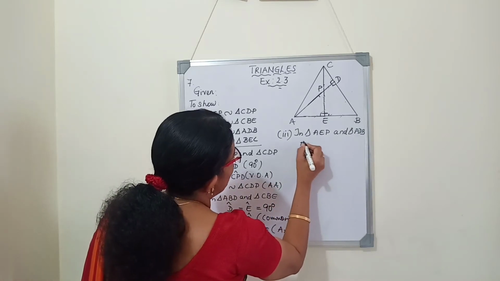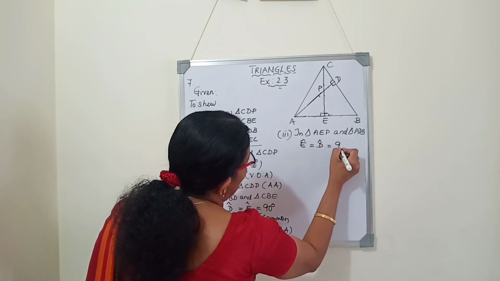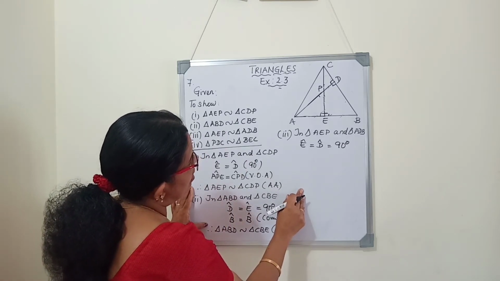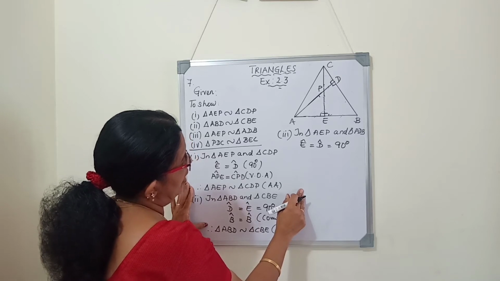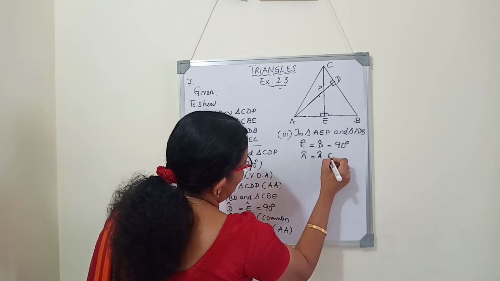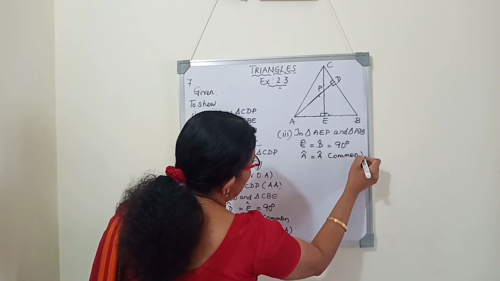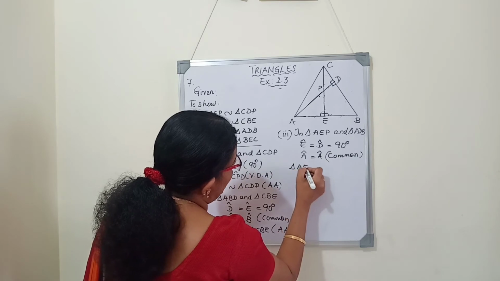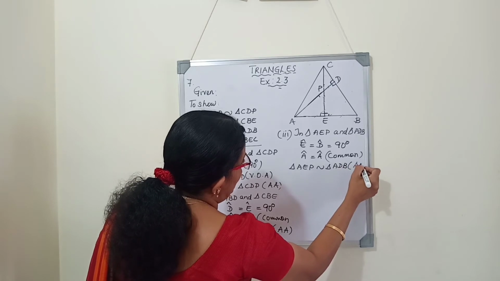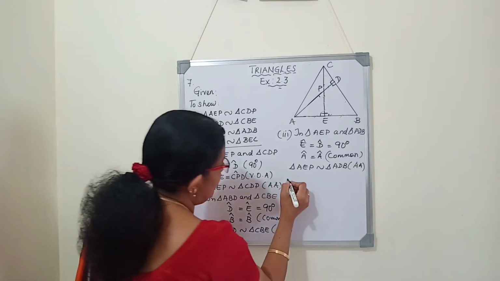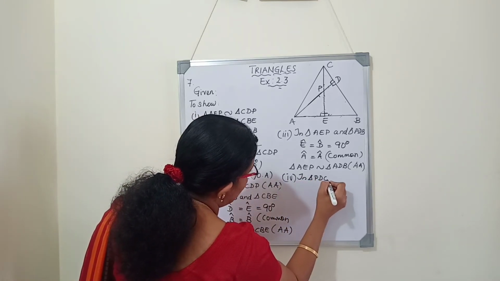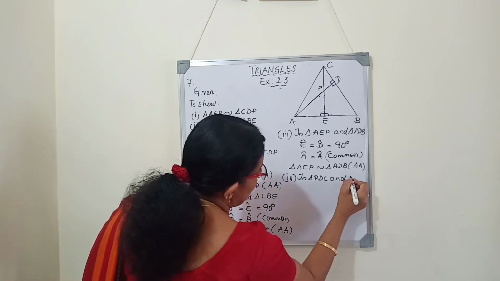So we write E is equal to D, 90 degrees. Which is the common angle? Angle A is common. So angle A is equal to angle A, common. Therefore, the triangles are similar again by AA criteria.